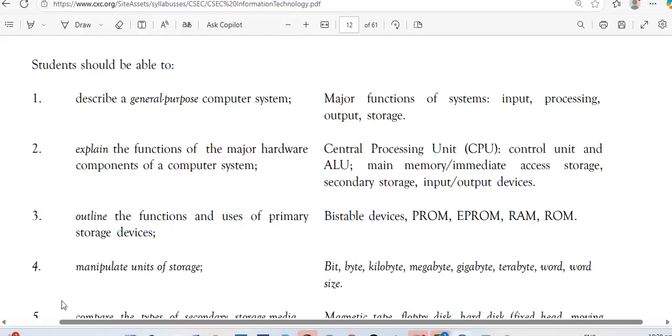Now, Bistable devices are electronic devices that can exist in one of two stable states. They are often used in digital electronics for storing binary data. Guys, do you remember what binary data is?